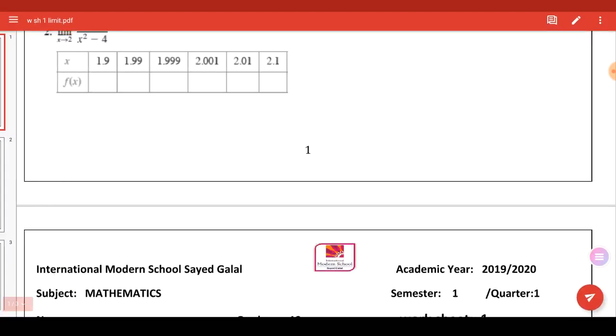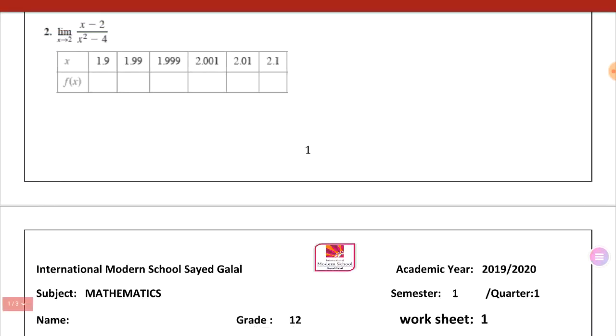Today we will continue the solution of worksheet 1, which is about finding the limit of a function numerically by making a table. Before I start the solution of the questions of this worksheet, I'd like to remind you what is the meaning of the limit of a function when x approaches a given value.